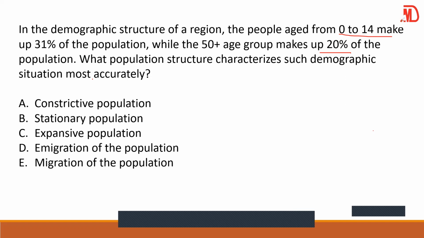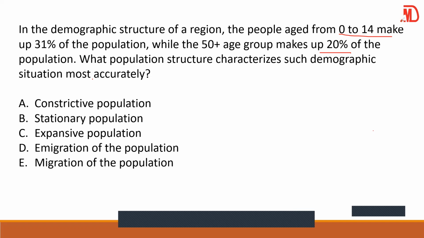So it is shrinking. Now, a population that is stationary means the growth rate is 0 and the age structure is constant. Immigration and migration talk about the people that move out and the people that move in to a population. Basically, that's what this is all about.